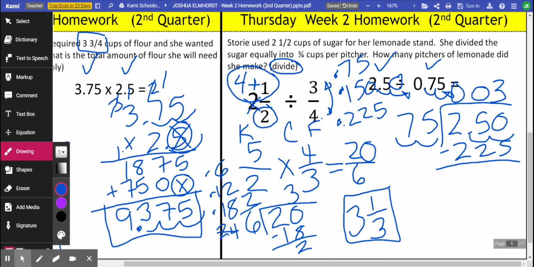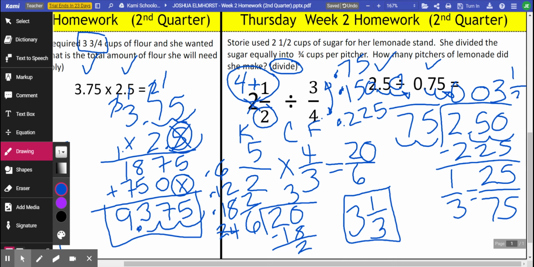So there we have our whole numbers. And if we subtract this, that's going to give us 25 left over. So 25 out of 75, make a fraction out of it. 25 out of 75, which simplifies to 1/3.